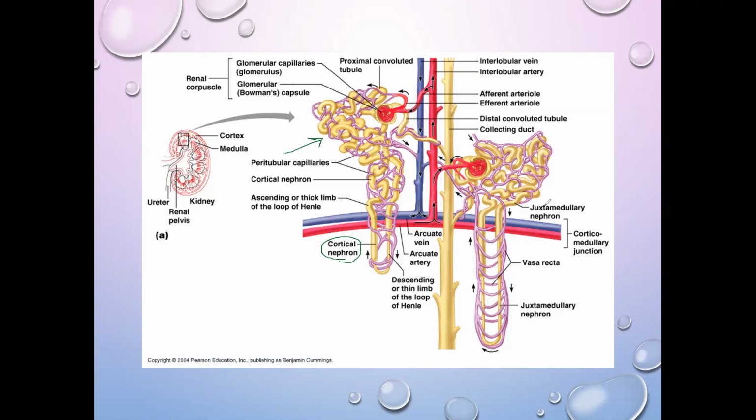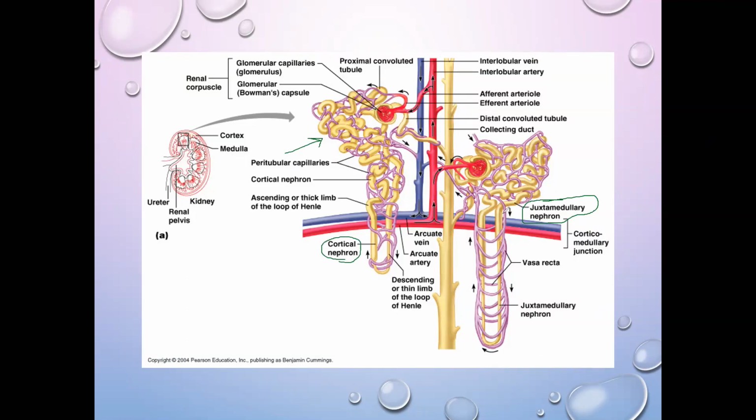The juxtamedullary means to place right next to, like juxtaposition. Well, juxta means next to. So this is next to the medulla. And so then we have this long loop of Henle that's going to extend down into the medulla.